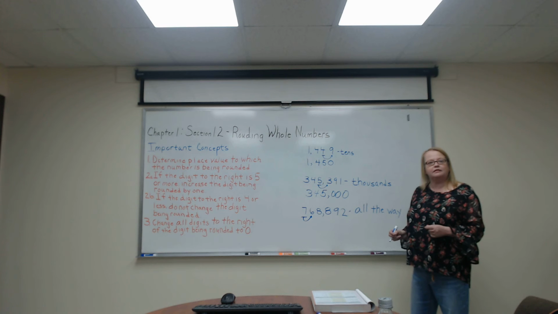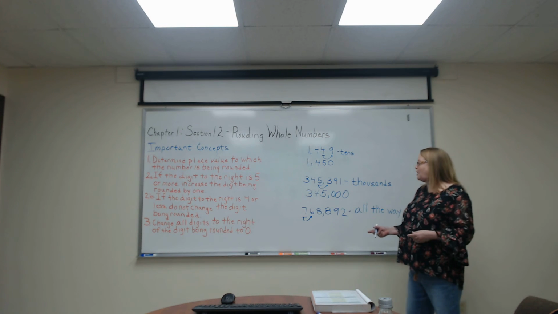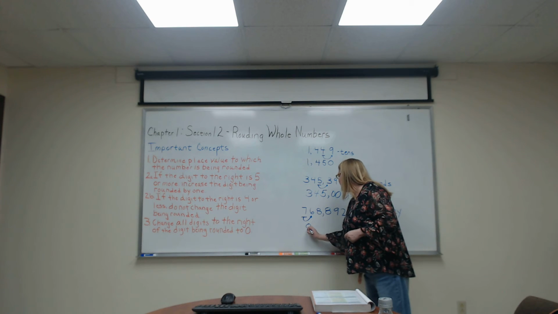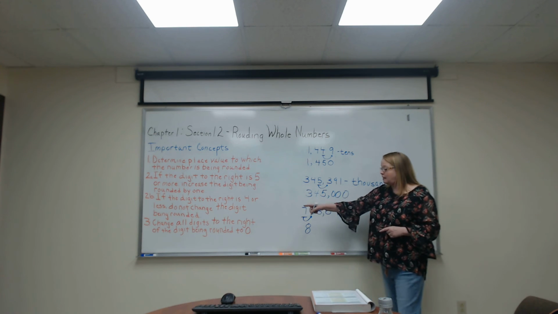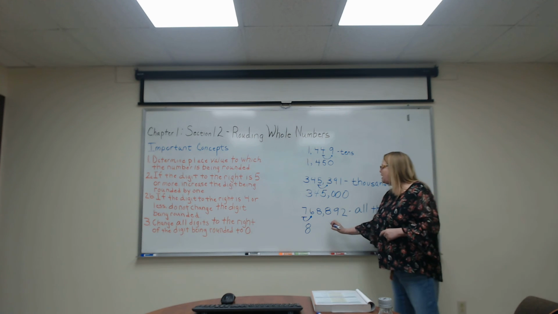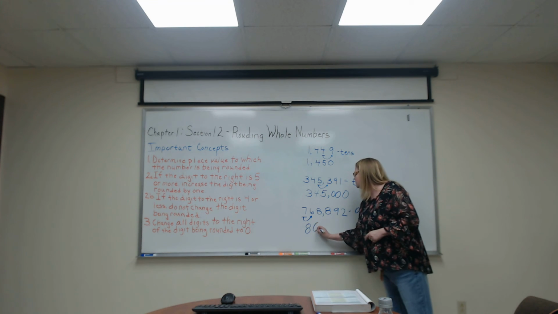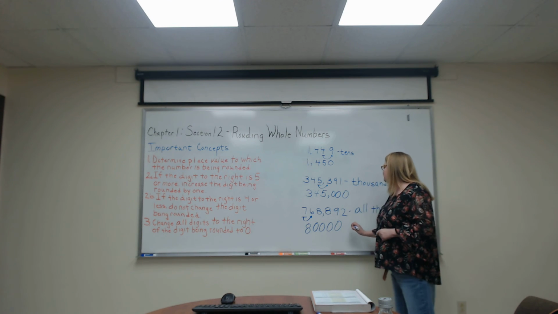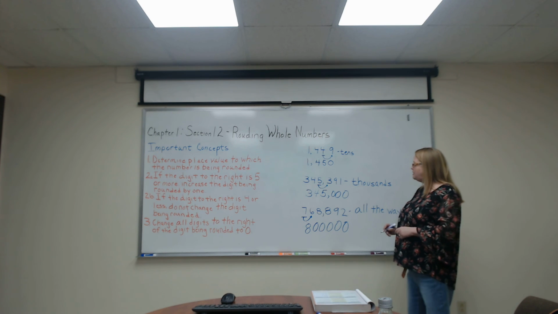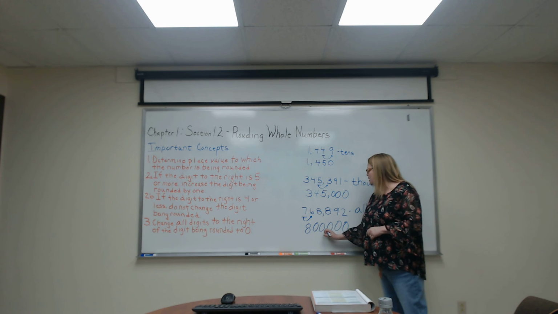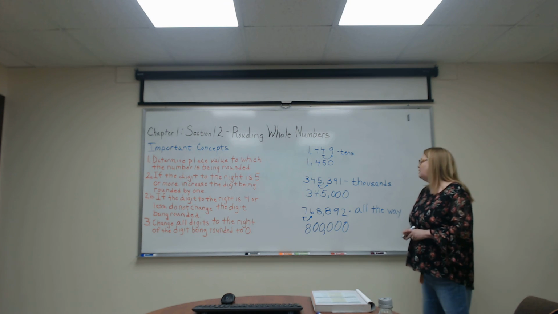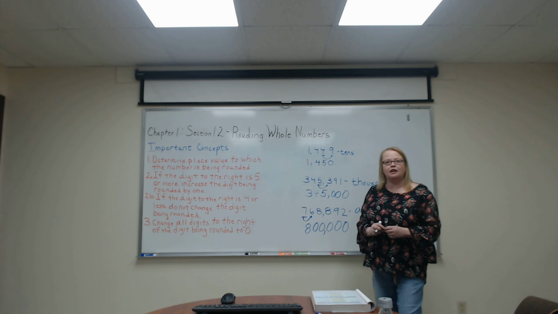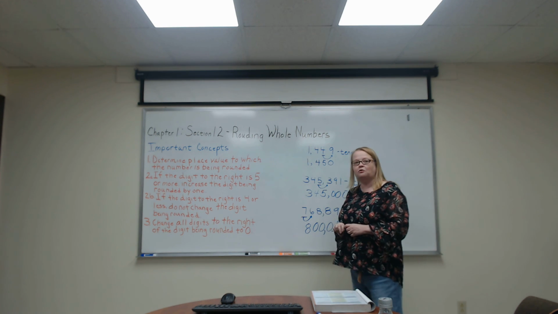Because it's a 6, it's greater than 5, we're going to round up that 7 to an 8, and once again, like we have in step number 3, everything else that follows becomes zeros. So our number rounds to 800,000. That takes care of our video when it comes to rounding whole numbers. Thank you.